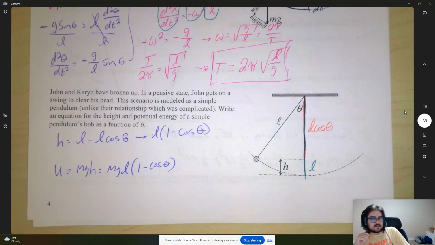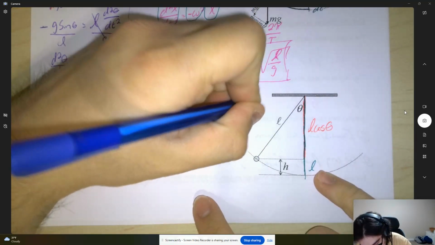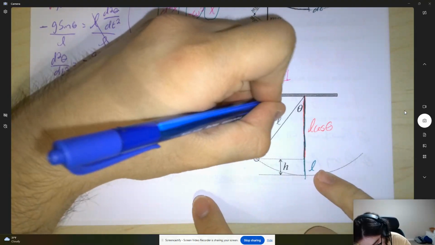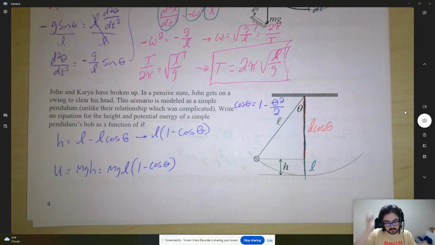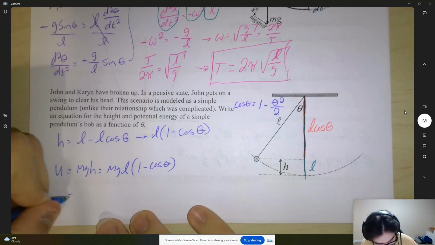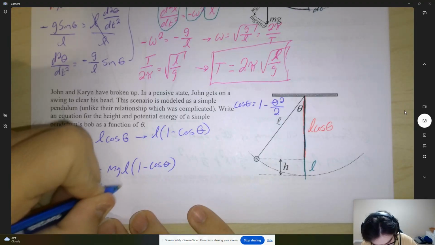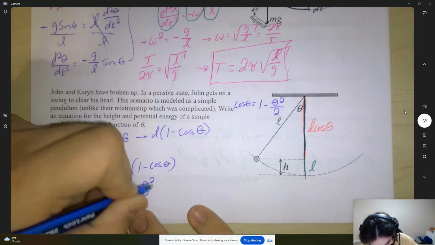And the one other thing that maybe you forgot is that the small angle approximation says that cosine theta should be equal to 1 minus theta squared over 2. So this really is just becoming mgL times 1 minus, 1 minus theta squared over 2.